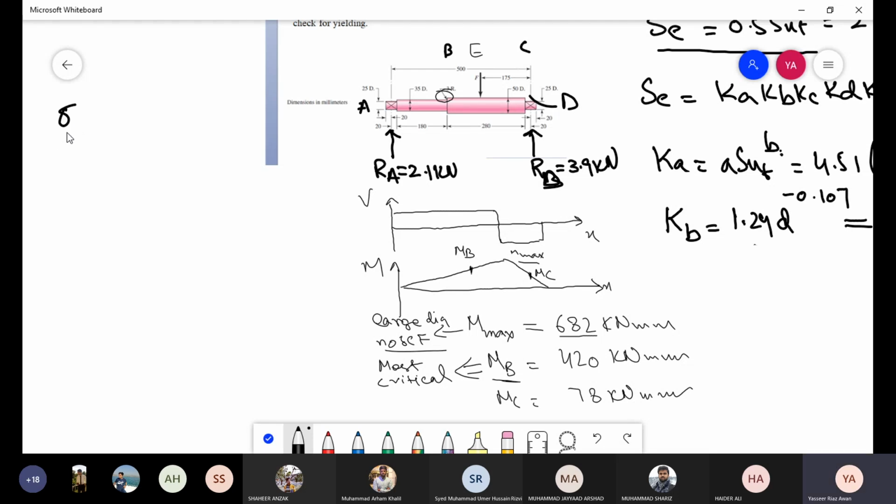So first, if we just find stresses, या चलो पहले stress concentration factor find कर लेते हैं.